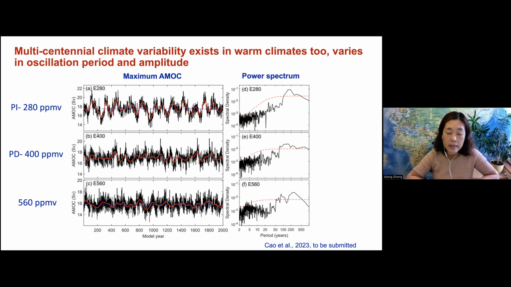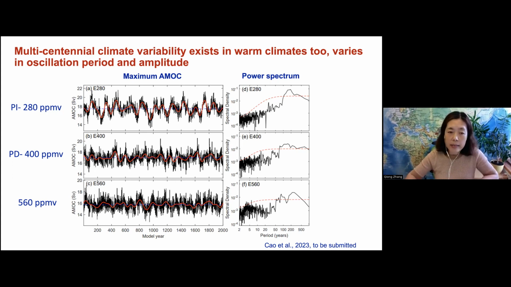We see that this oscillation is very, very strong in the PI control, or 280 ppm, and then it becomes weaker, the amplitude becomes smaller, and the period becomes longer when you have a warmer climate. But we still see this variability is still there. It didn't disappear. So we still believe the Arctic sea ice can't be the main driver.